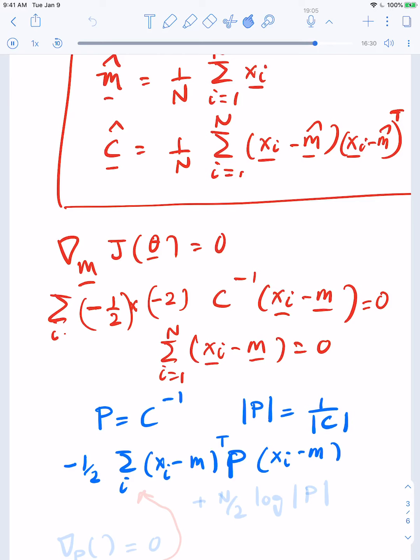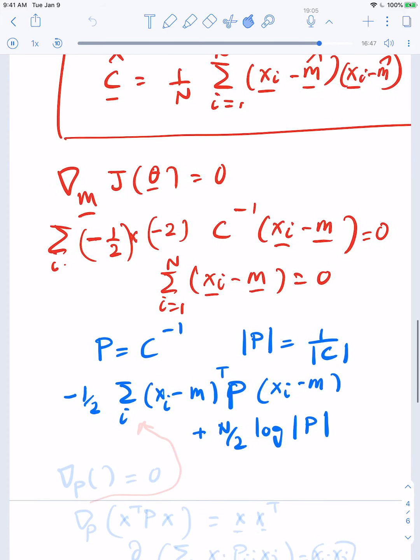So basically the determinants are inverses of each other. So that term here becomes plus n over 2 log of the determinant of P.